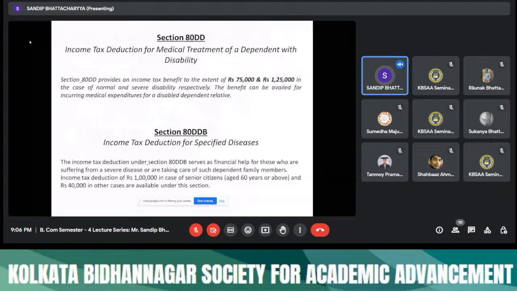Then 80DDB, that is income tax deduction for the specified disease. Specified disease means fatal disease. That means non-recoverable.